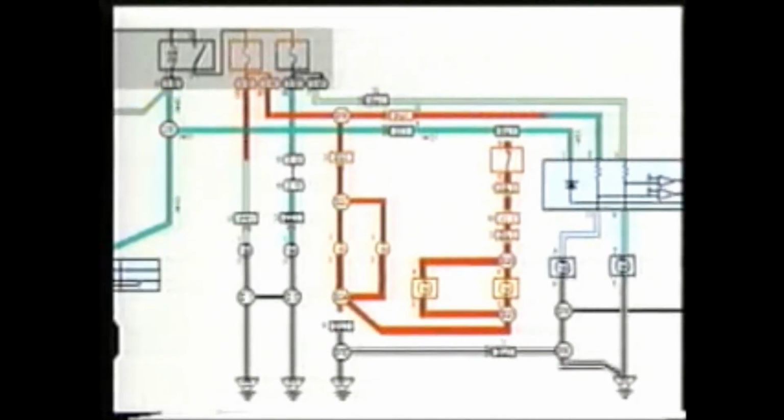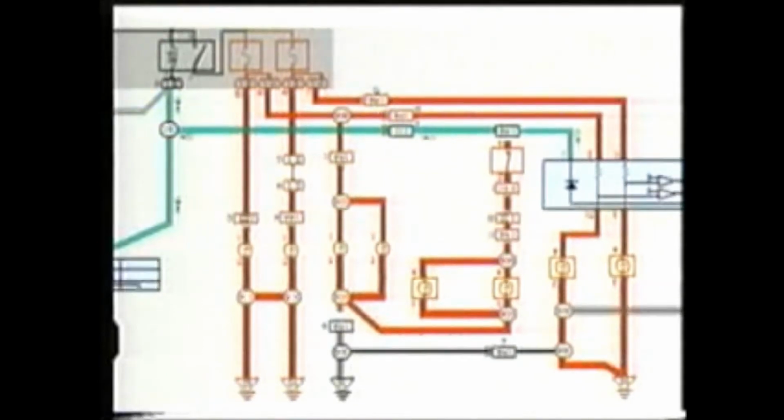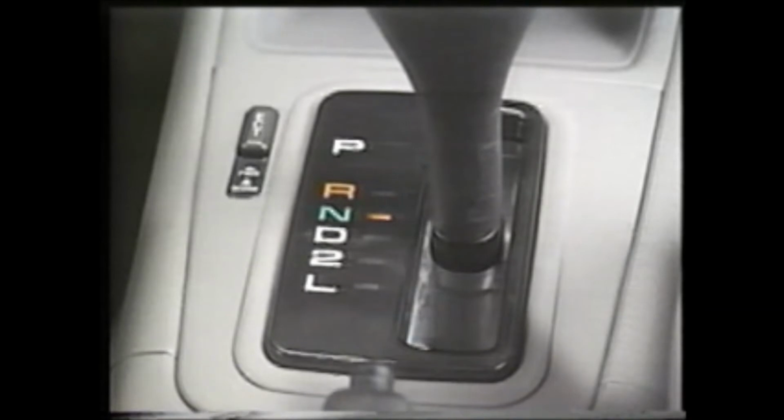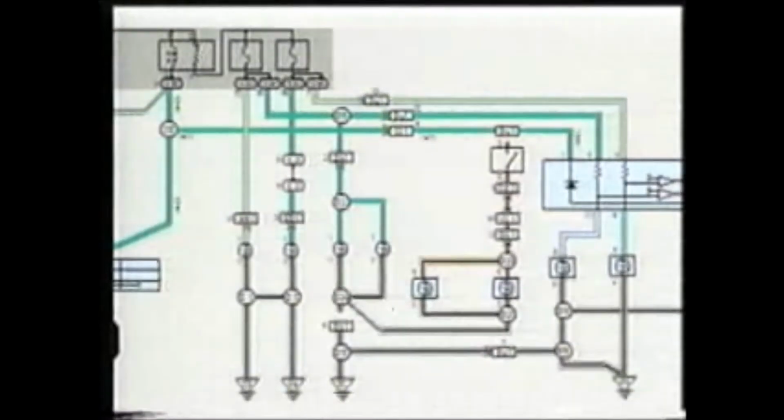The current also flows to the tail lights. Because these are all series circuits, the lights appear dim. If we now shift into neutral and turn the light control switch to the tail position, there is no grounding for the license plate lights, and the lights do not light. This is the problem we have been looking for.